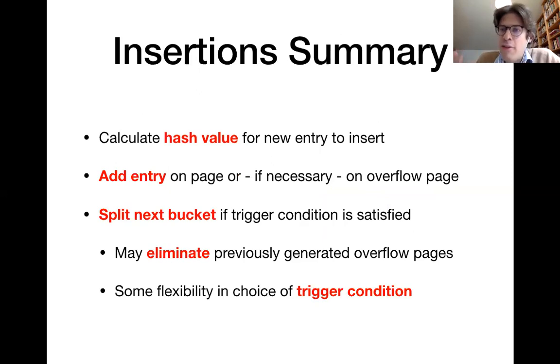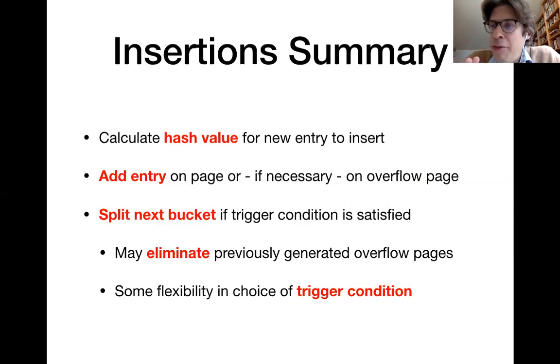So if we want to insert something into one of those linear indexes, then first of all, we calculate again the hash value for the new entry to insert. And then we add this entry on the associated page, or if that page is full, we might have to introduce an overflow page, hoping, of course, that this overflow page will be eliminated relatively soon.